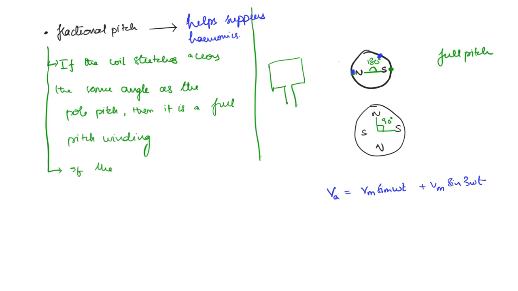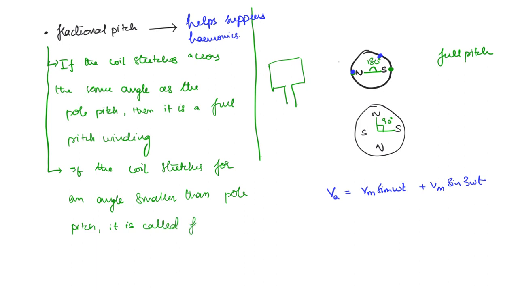If the coil stretches for an angle smaller than the pole pitch, it is called fractional pitch winding. Okay, this is called full pitch winding.